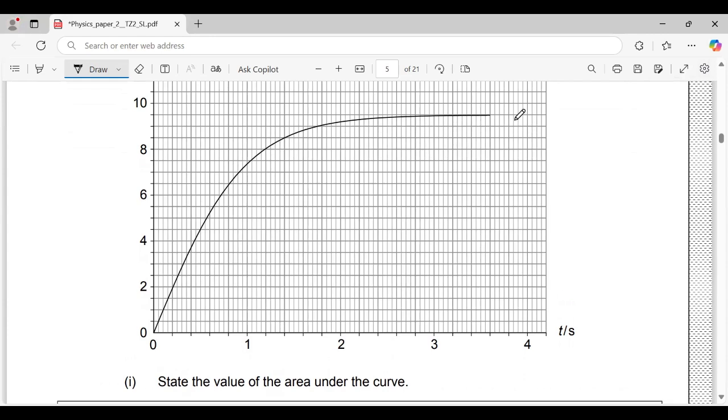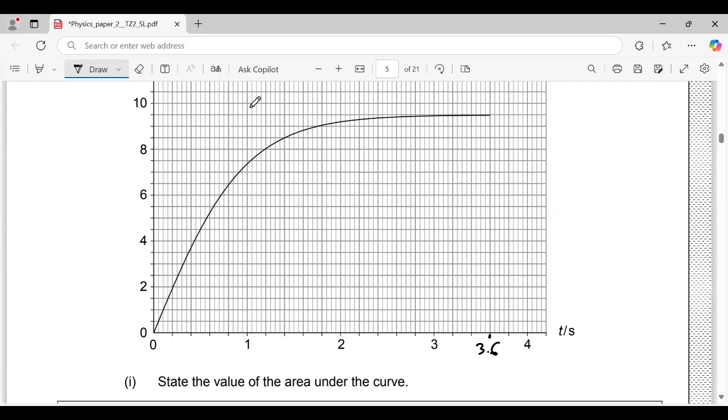This graph is constant from t equals 3 until 3.6. So as long as 3 to 3.6, it is constant.